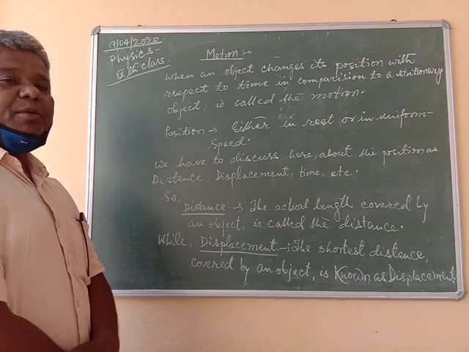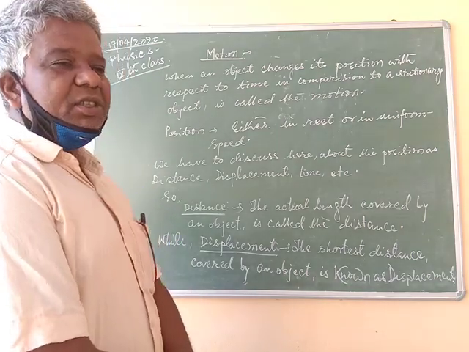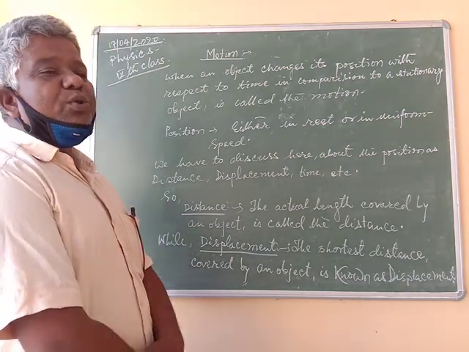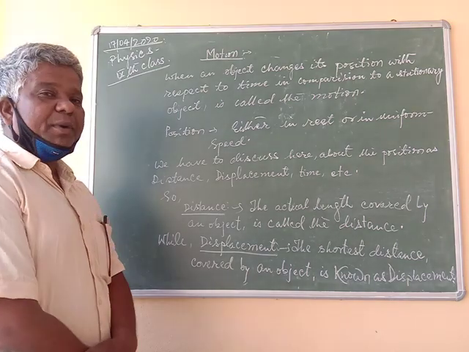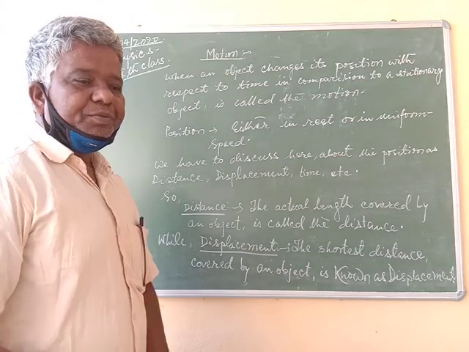So whenever an object changes its position, then it covers distance or displacement with respect to time. So we have to also find how much distance is covered by an object. Okay.